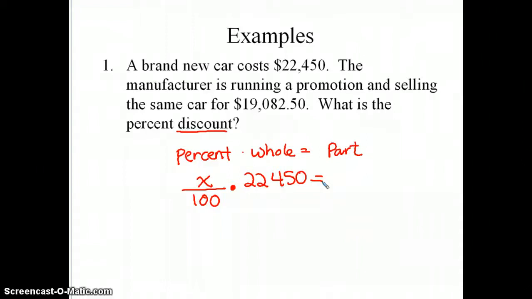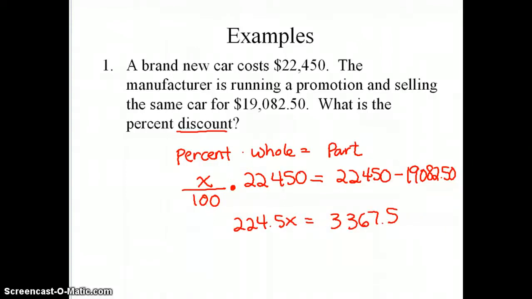So when I look at the change in value, I have 22,450 minus 19,082.50. That is my equation for this. We can begin solving by simplifying the left side and the right side.